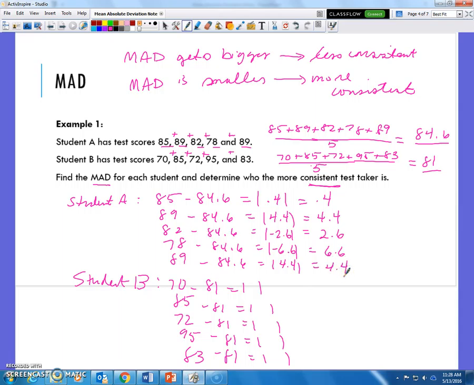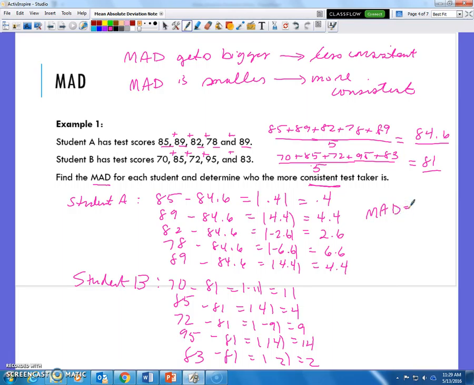I'm going to do the same thing on student B, but I'm going to pause the video because I don't want this to go too long. Take a second to record these values. It's just the same thing that I did with student A. We're taking the absolute value of the difference of those numbers because we want to know how far away they were from the actual mean. And we're not there yet. Now is the calculation of the MAD. I know the MAD is the average of these numbers.